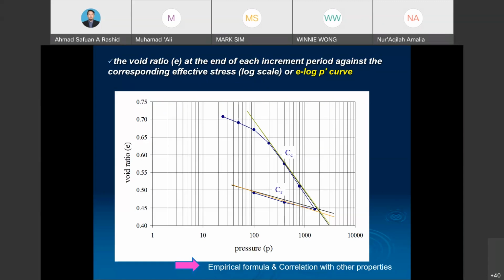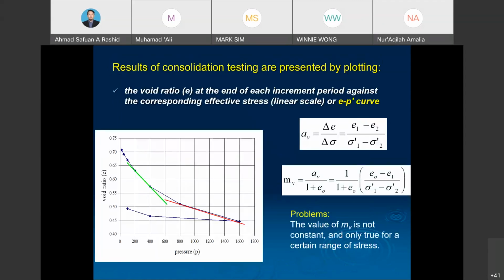I would like to suggest that it is better for us to use the CC and CR approach rather than the MV approach, because in the MV we will have two different range values.